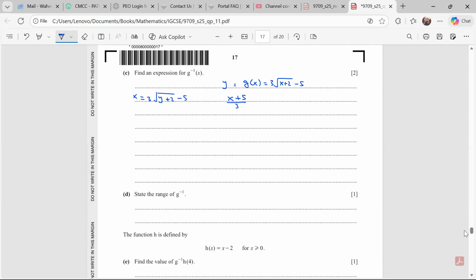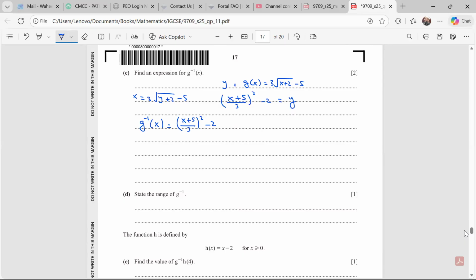And then I will do the square of it, and minus 2, and this is equal to y. I hope I'm clear. So this g inverse x would be equal to x plus 5 over 3 squared, minus 2.